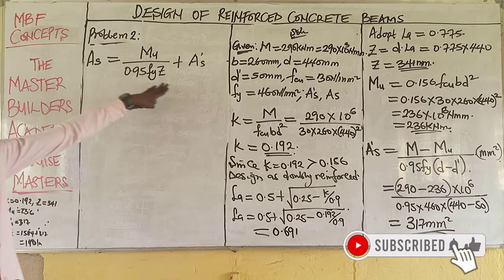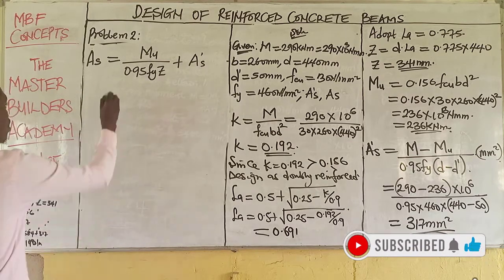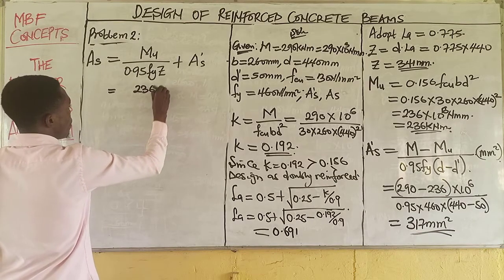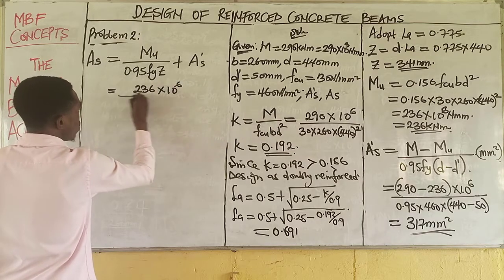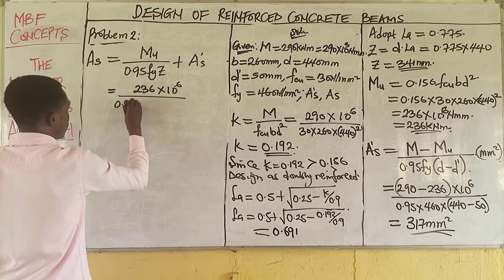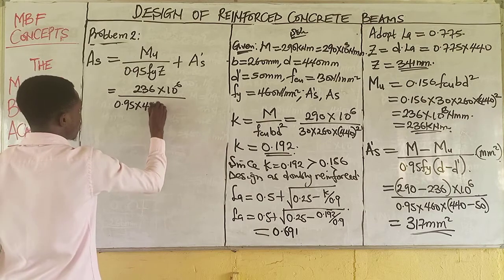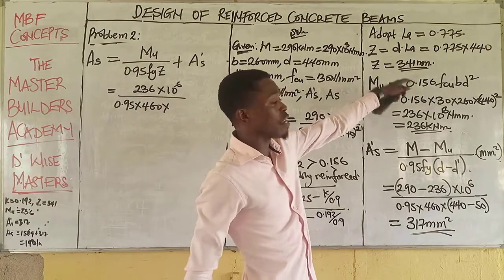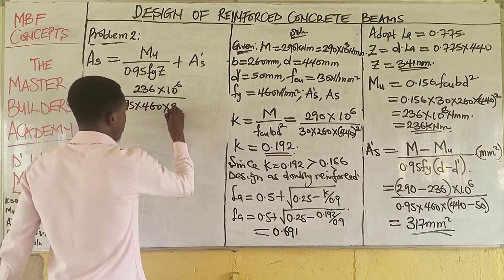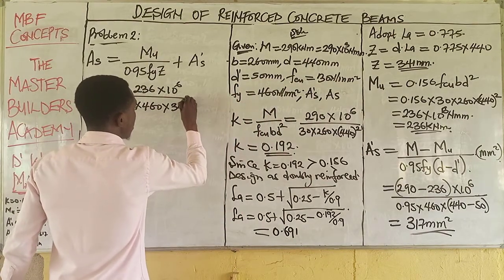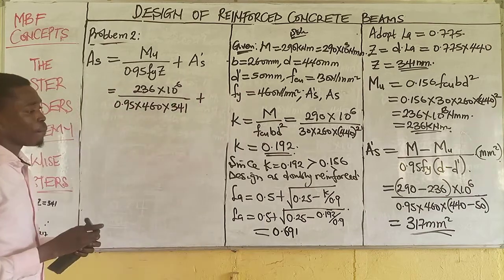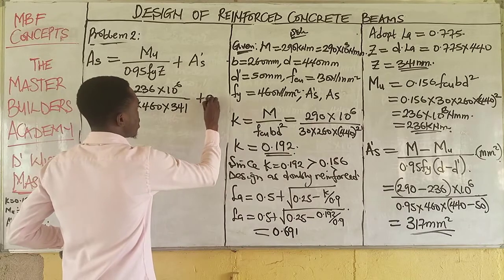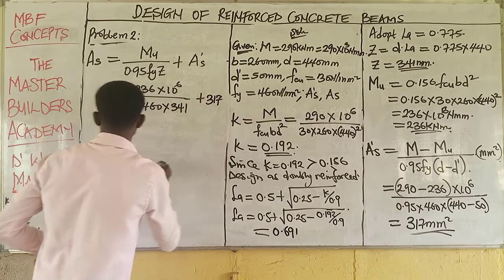All I need to do now is to substitute. So at this point, this will give us 236 multiplied by 10 raised to the power 6 all over 0.95 multiplied by 460 multiplied by the lever arm, which is 341, then plus the area of the compression bar, the required area, which is 317.